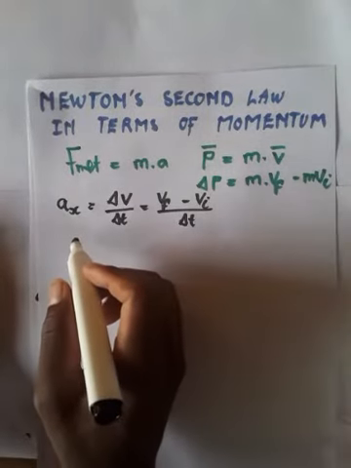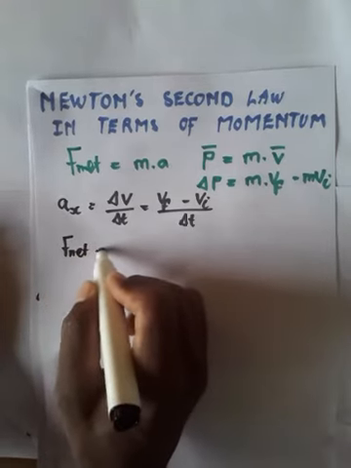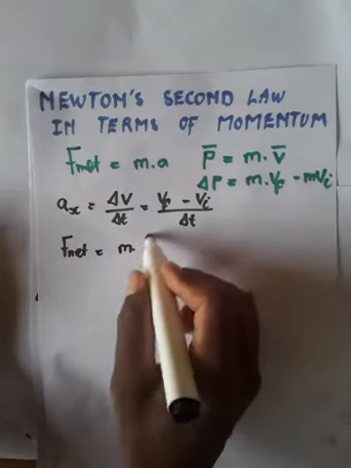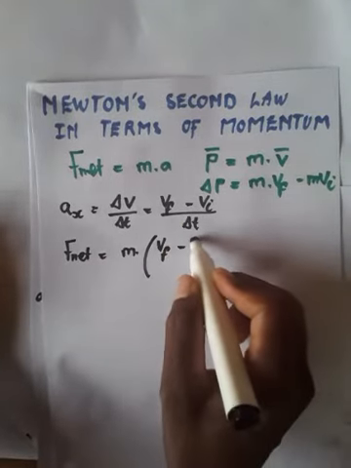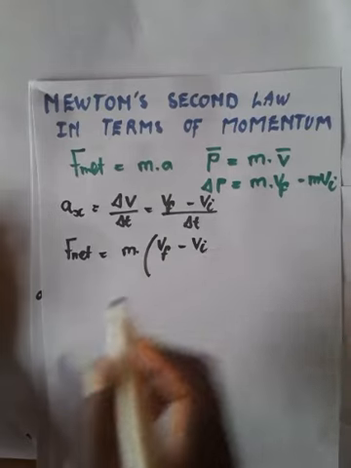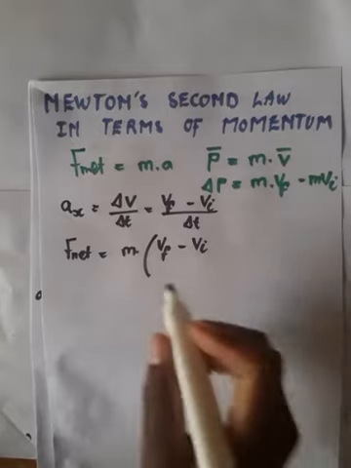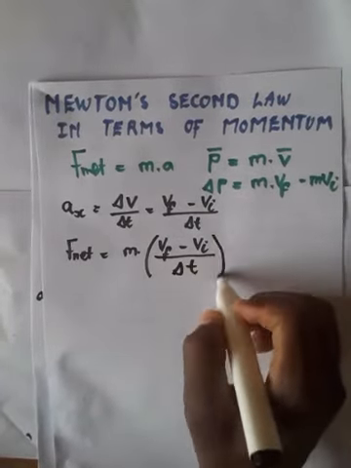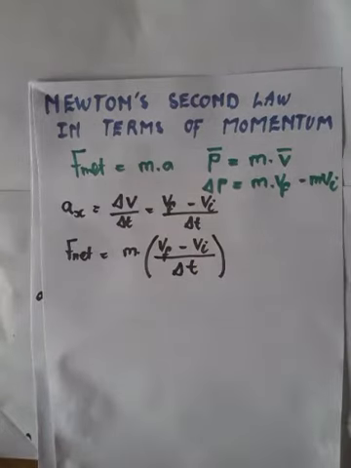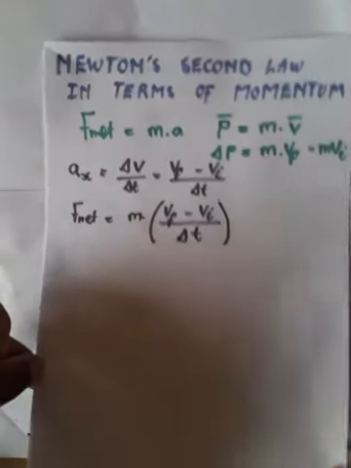Therefore we can take it further by saying that F net is the same as mass multiplied by, and we substitute acceleration with this one, velocity final minus velocity initial over time. This is the acceleration, guys. After this, we can multiply out what's inside the brackets.